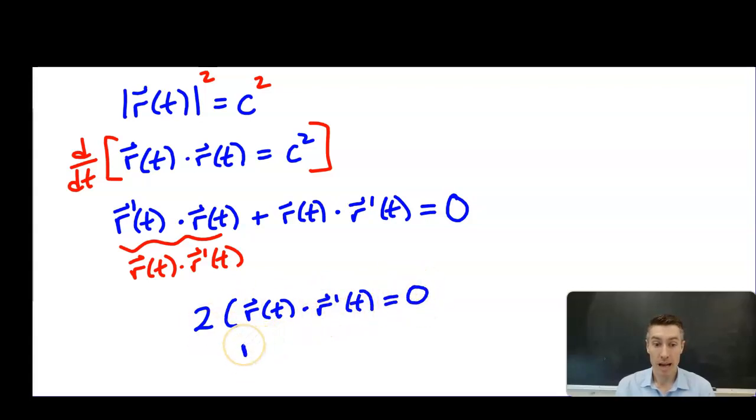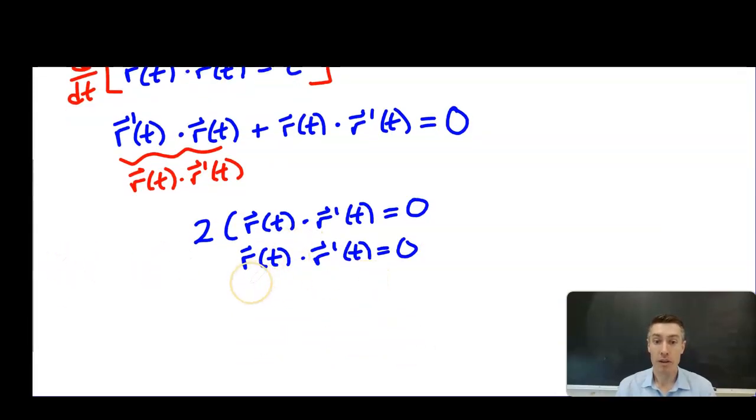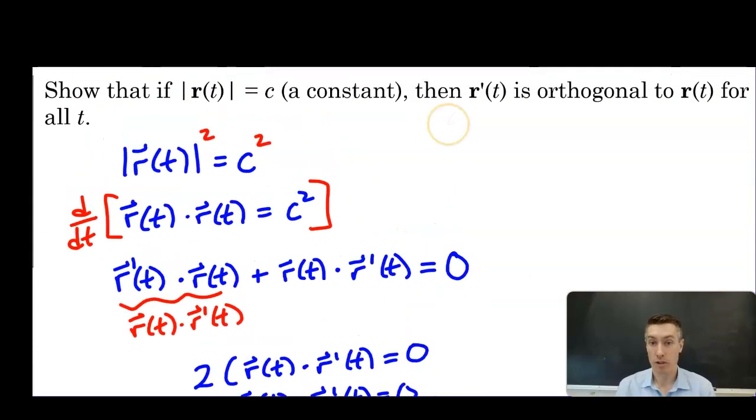If we divide both sides by 2, we really have r of t dotted with r prime of t equals 0. And again, back to those properties of the dot product, what does it mean if we have two vectors or vector functions whose dot product is 0? Well, what that tells us is that r of t is perpendicular or orthogonal to r prime of t, which is exactly what we wanted to show, right? We want to show that r prime of t is orthogonal to r of t.